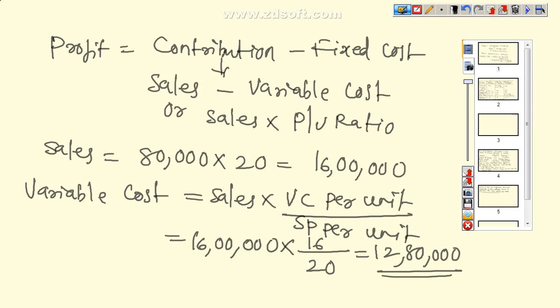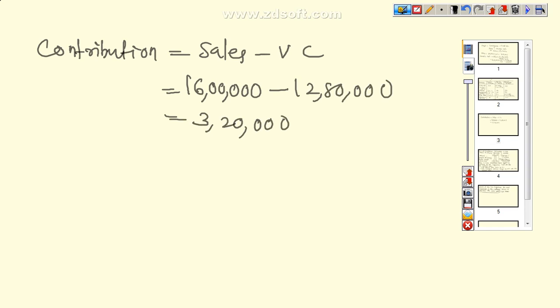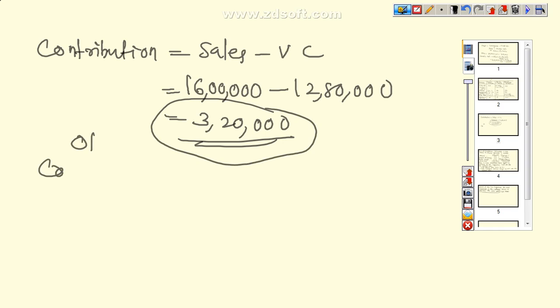Now contribution is equal to sales minus variable cost, that is equal to 16 lakh minus variable cost 12 lakh 80,000, that is equal to 3 lakh 20,000. Or there is another option to calculate contribution.